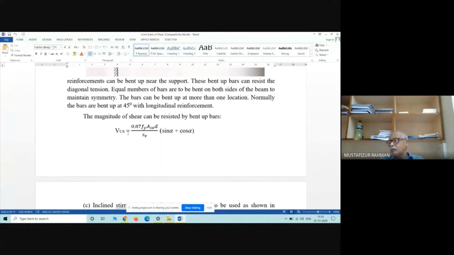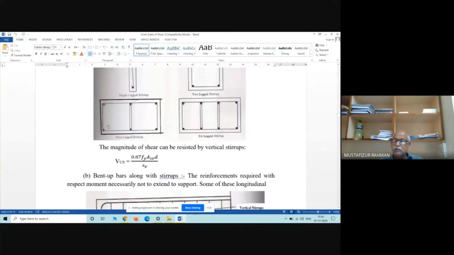So the full shear force will not be possible to resist by the bent-up part, since there is a restriction that all the reinforcement cannot be bent. So the balance part will be resisted by the vertical stirrup.